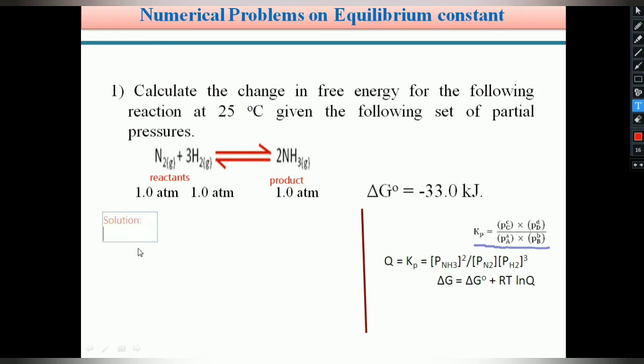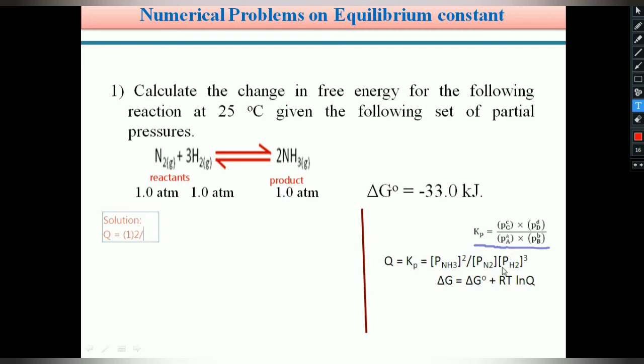Solution: given the partial pressures of N2, H2 and ammonia are each 1 atmosphere. Therefore, Q equals the partial pressure of ammonia, and since there are 2 moles of ammonia, 1 whole square, by the partial pressure of reactants.